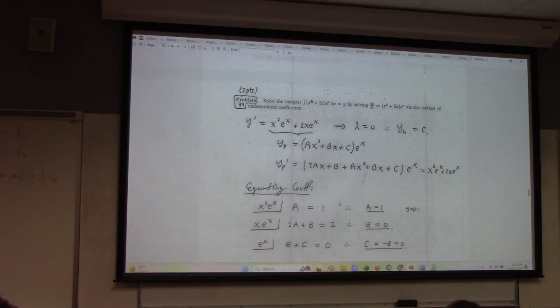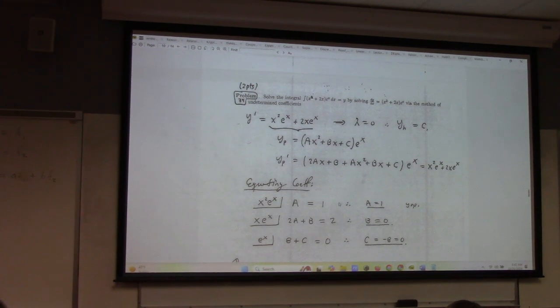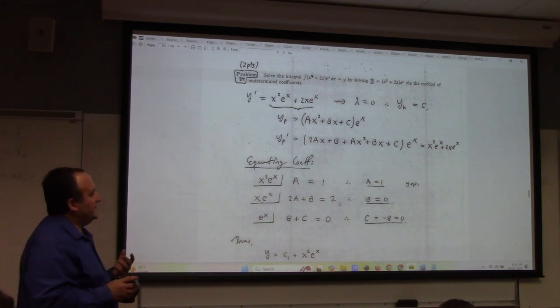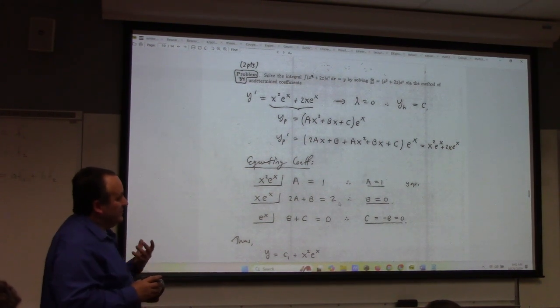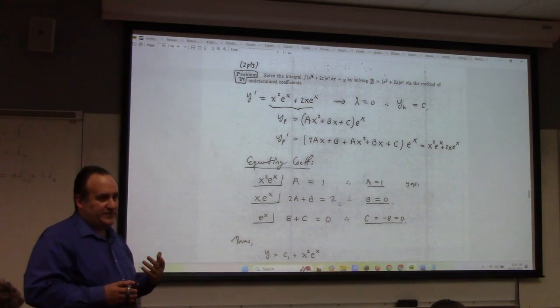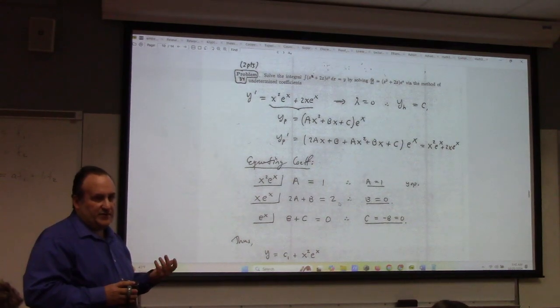This problem's interesting. Did you appreciate what this problem is doing? What this problem is showing you is that you can solve integration by parts problems from Calculus 2 using undetermined coefficients.